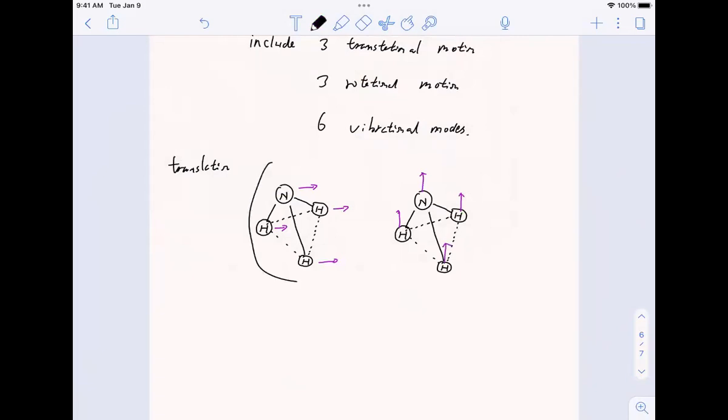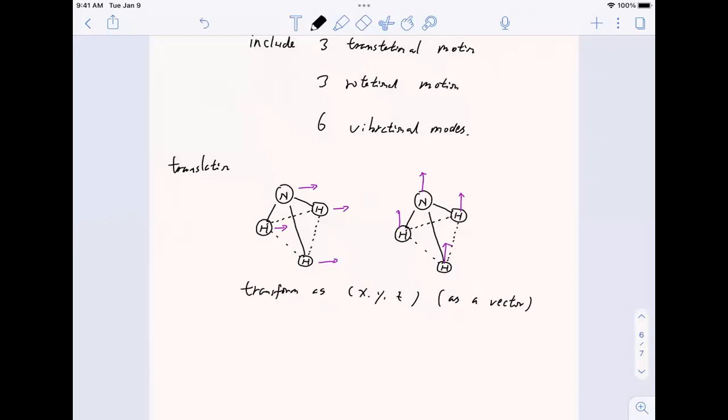So what does this represent? They will transform as X, Y, Z. They transform as a vector, because they just move up and down.